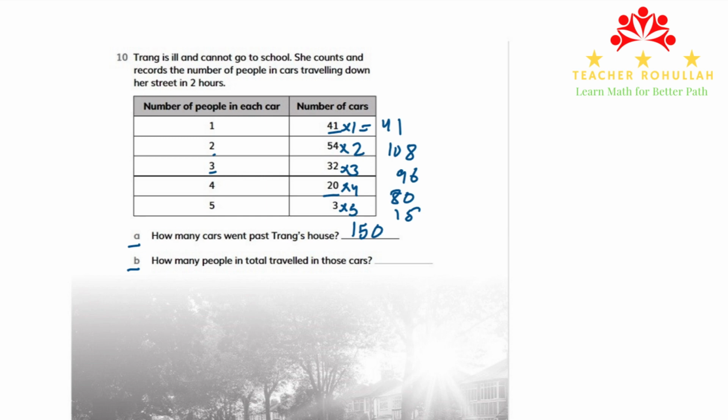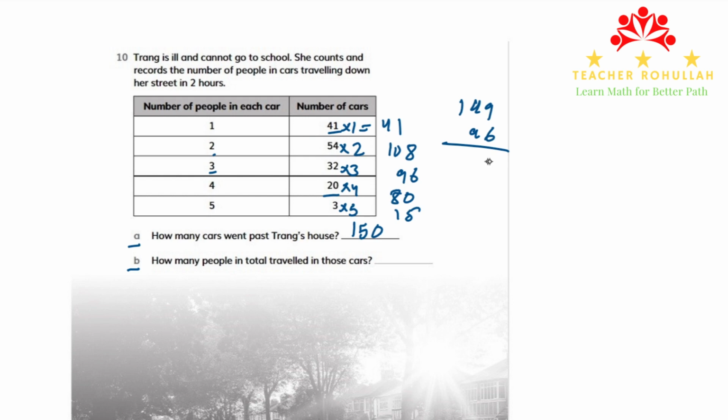Now we can find out how many people were there in all cars. Again, we use the rule of composing and decomposing to easily add the numbers. We consider 41 as 40. So 40 plus 100 is 140. And 8 plus 1 is 9. So 149. 149 plus 96.